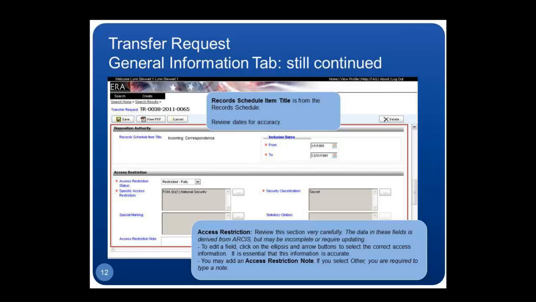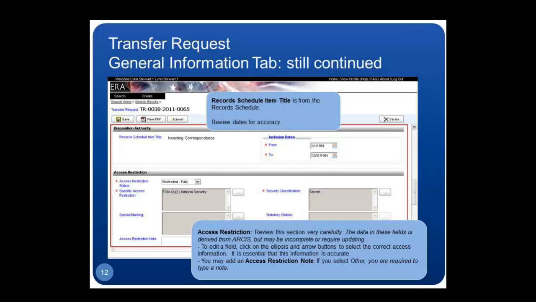The information, again, we have in ARCIS, we may have partial information, but we may not have complete information. In order to edit a field, you need to click on the ellipsis. I'm going to show you one of these in just a minute. Even though these boxes here, specific access restriction, security classification, statutory citation, and special marking, appear to be gray, which normally means you can't edit them, you can edit them.